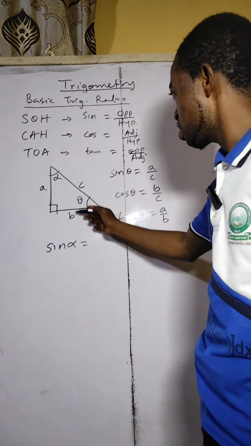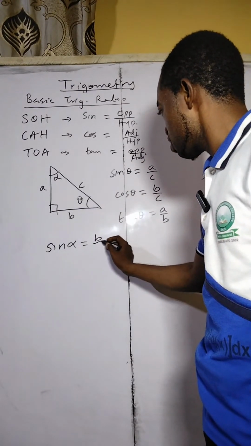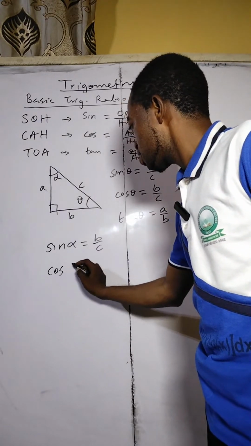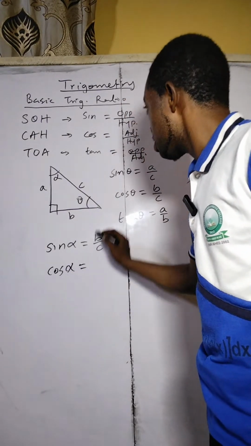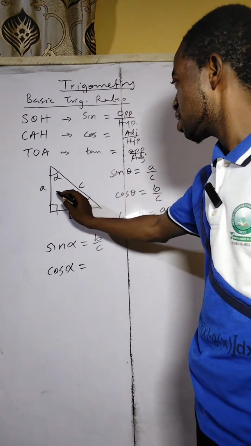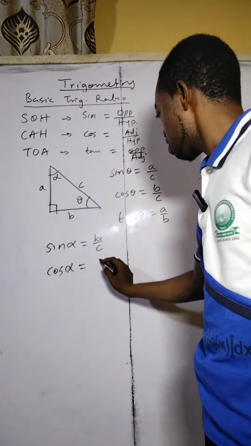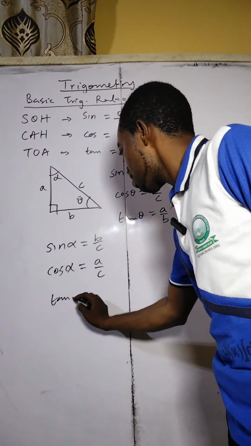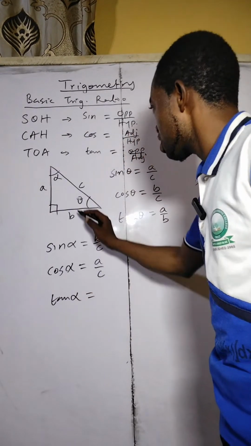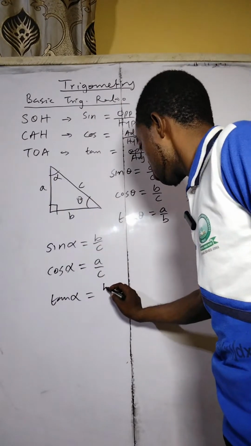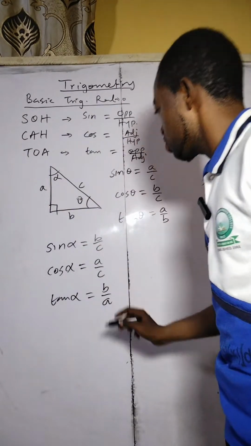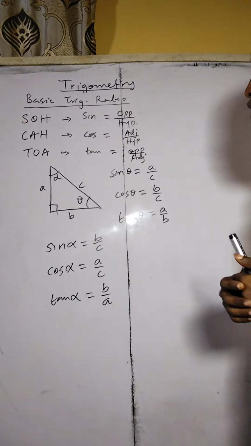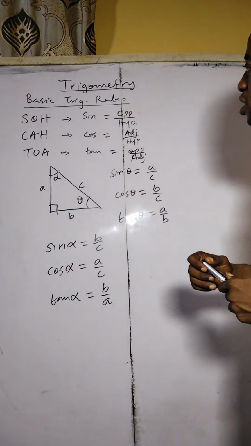That will be opposite, which is B, over C. Then cos alpha is adjacent over hypotenuse. So this is adjacent of alpha, that's A, over C. Then we have tan alpha. Tan is opposite over adjacent, that's B over A. So here we have the basic trig ratios and how to apply them on the board.